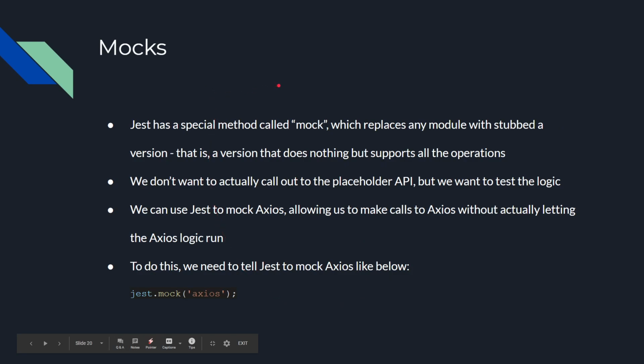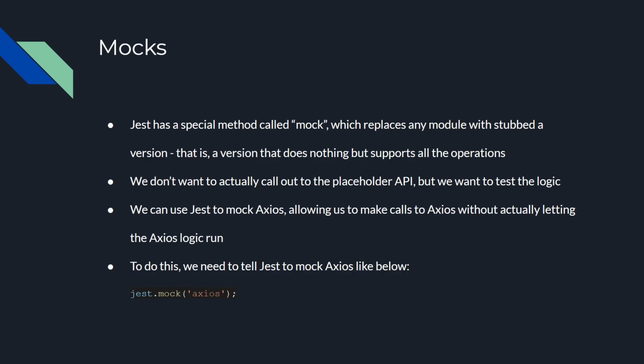So to do mocks, Jest has a special method called mock. You can give it the name of a module, and Jest will replace that module with some code that does nothing. Technically, it replaces it with a Jest mock object, which is its own bit of confusion, but for this level of things, you don't need to worry about it.